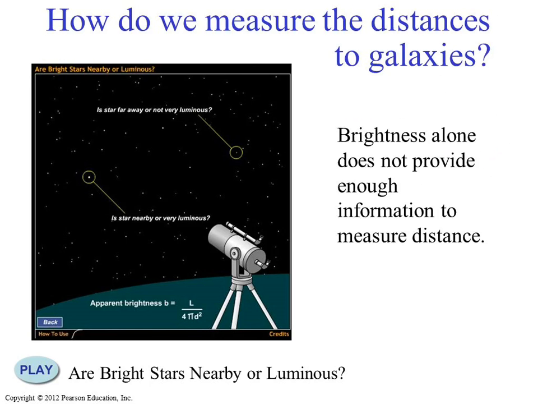So here's the deal. I like this little animation. Just because two objects have the same brightness to us, what we call apparent brightness, doesn't tell the whole story with regard to how much energy, or luminosity, they're really pumping out. And it doesn't say how close those objects are to us.